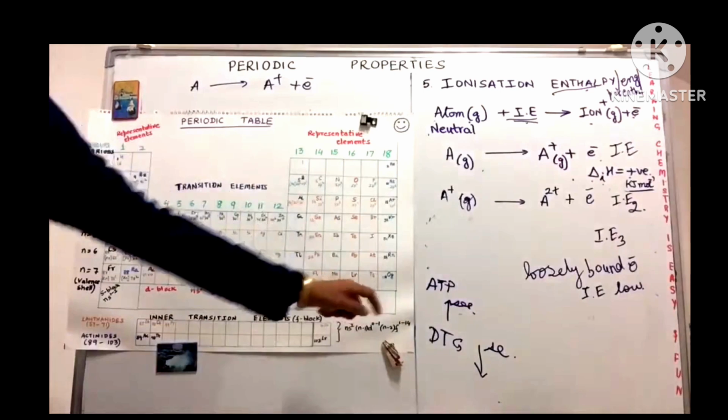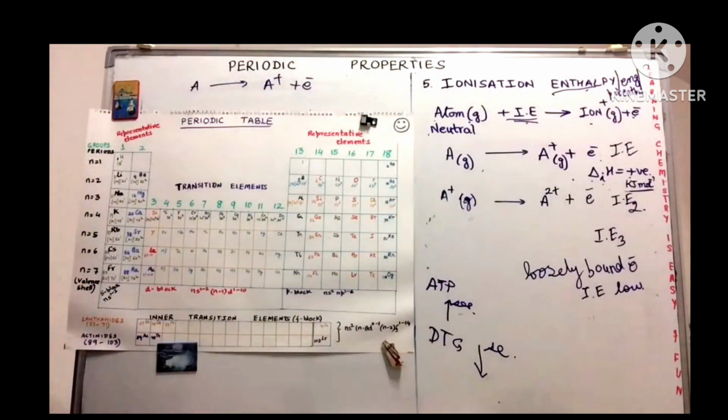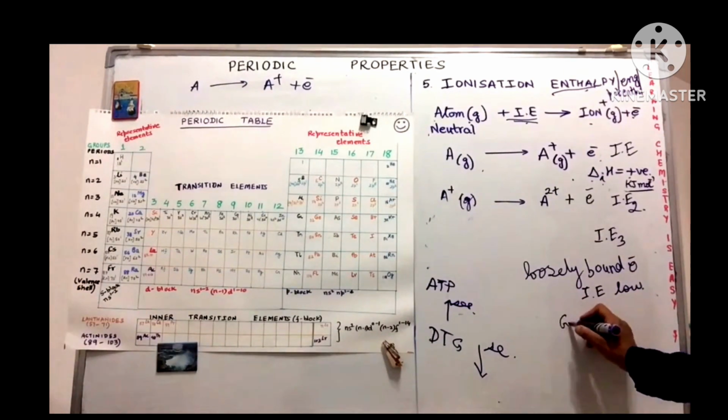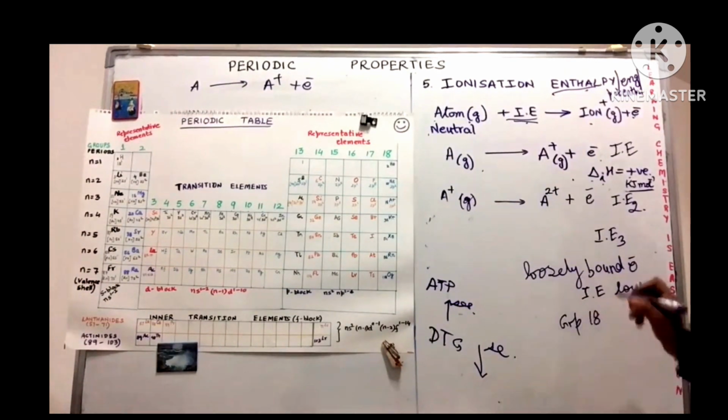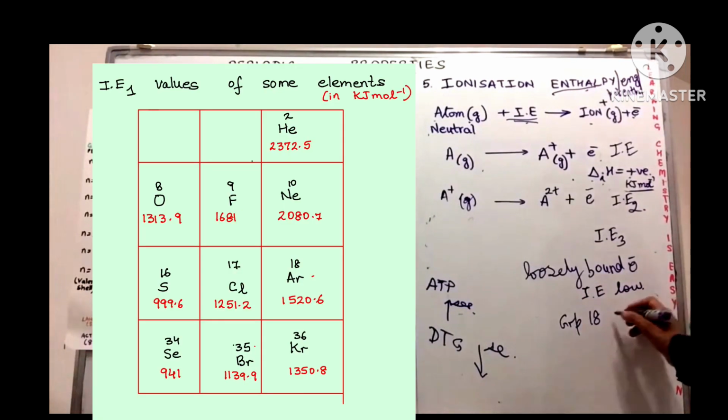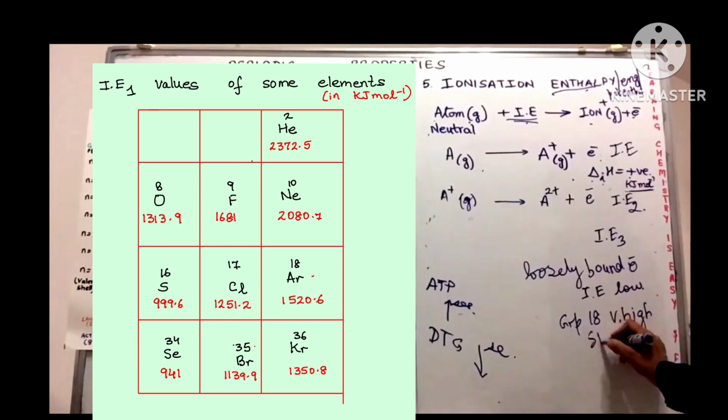What can you tell me about the noble gases? Will they have high ionization enthalpy or low ionization enthalpy? Think and tell me. Group 18, will it have high or low ionization enthalpy? Yes, it will be very high because of their stable configuration. All their electrons are paired up.